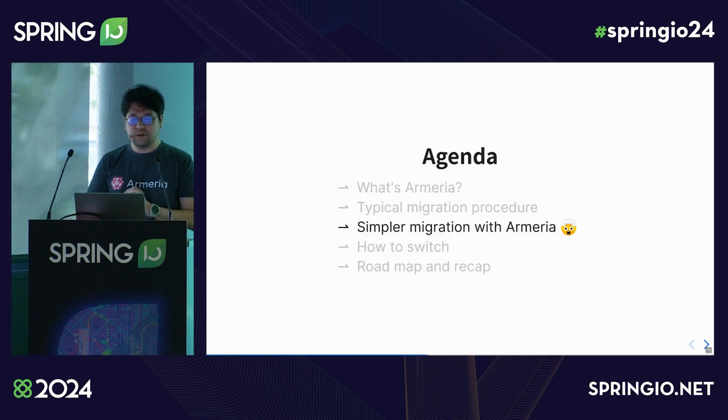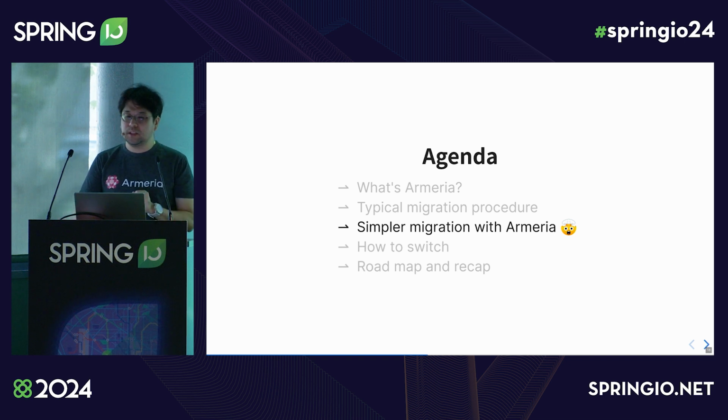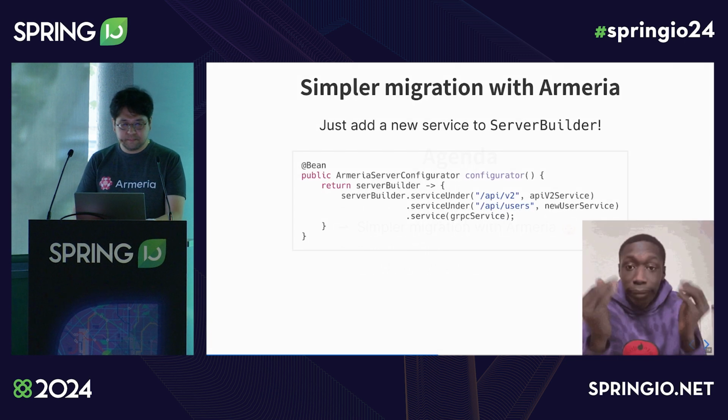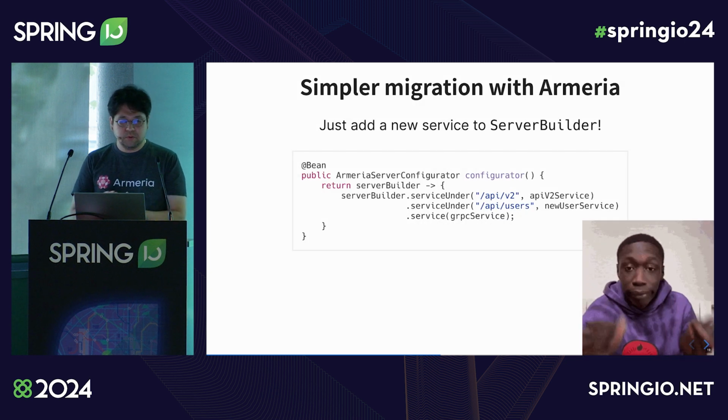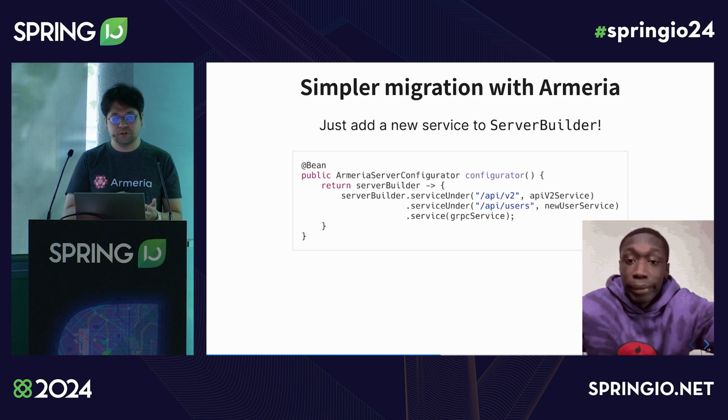Okay, so we revisited the typical migration process and why it's painful and why a reverse proxy is not the best solution. And now let's see how we can simplify migration with Armeria. With Armeria, a reverse proxy is not needed at all for the scenarios I mentioned above.